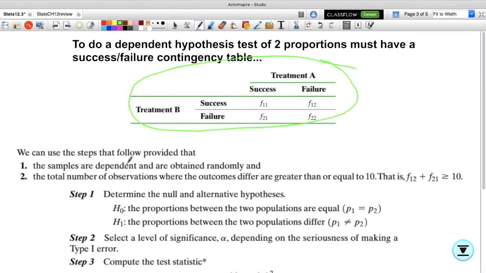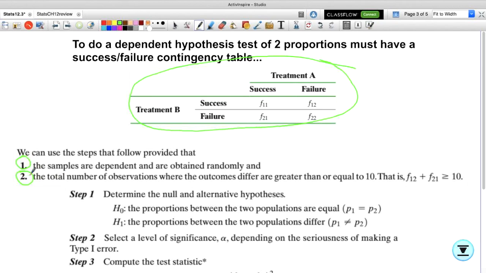When you identify that you're doing two treatments to the same group, which means it is a dependent proportion situation, and you have a contingency table set up like this, before you do anything else you're going to make sure of these two things. This is a little different: before, we were writing our null and alternative and doing these items after we found our expected values, but now we're going back to the way we used to.